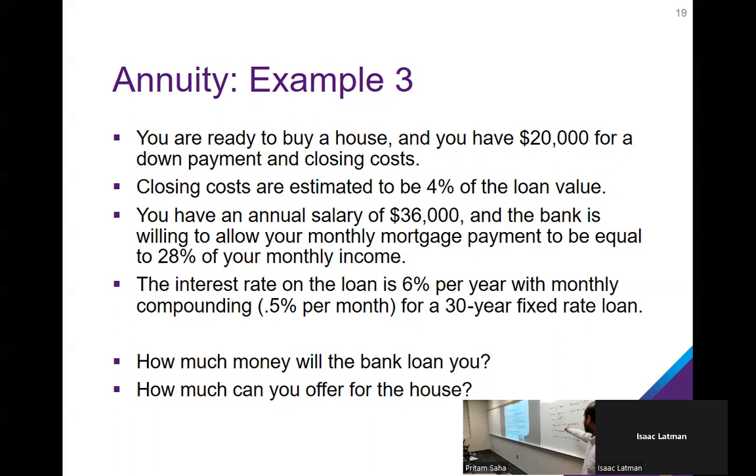Second thing we need to understand is closing cost is just a cost on the loan value. We just paid it for nothing. We did not get anything by paying closing cost, a service fee. And then the rest we can use as a down payment to invest in the asset. Loan value plus down payment value, that's what my house price could be. I can offer at most this much. Questions? Okay.